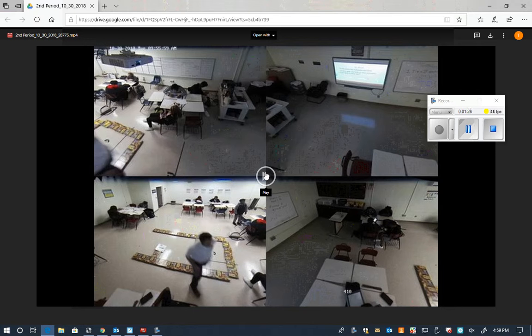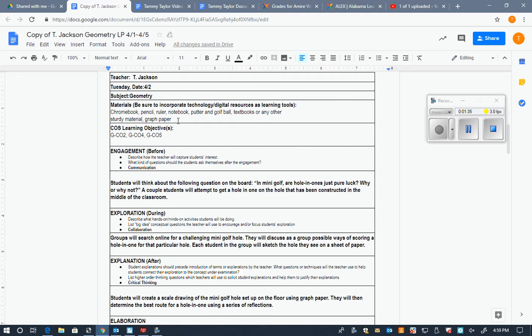So his lesson says that for materials we need a Chromebook, a pencil, ruler, notebook, putter, and a golf ball. The textbooks or any other sturdy material like graph paper. And he is covering GCO2, GCO4, and GCO5.